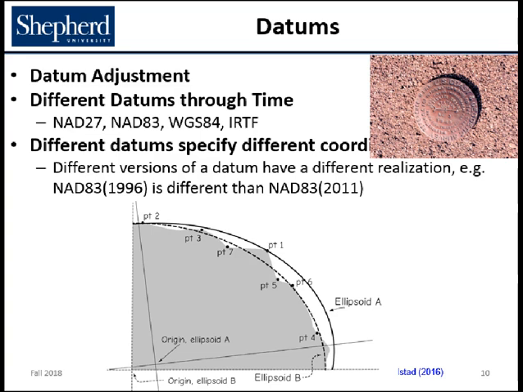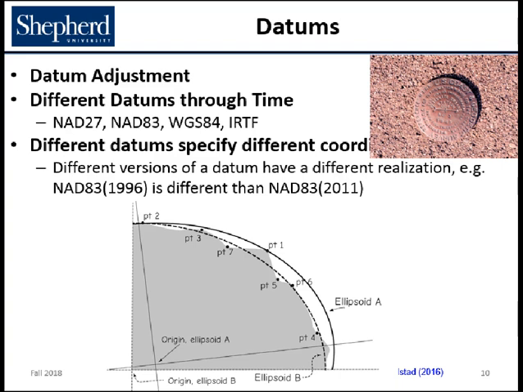Ellipsoid B is subsequently fit after points 3 through 7 have been collected. This newer ellipsoid has a different origin and orientation for its axis, causing the coordinates for point 1 and point 2 to change.